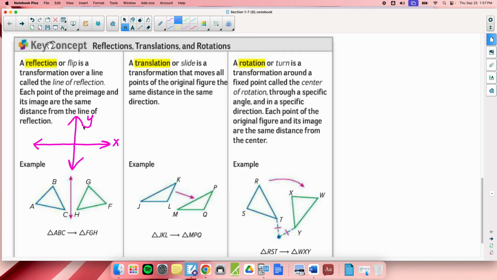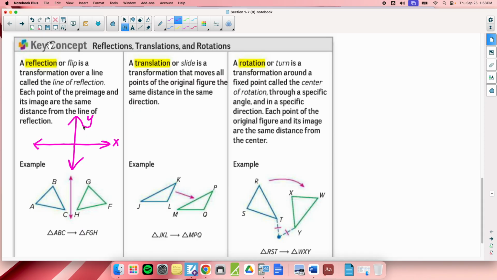Another thing we're going to do today is called a translation. A translation is taking a figure, you don't turn it at all, and you don't flip it at all. You just slide it. You can slide it left or right, up or down, and you can slide it diagonally, okay? The last thing we're gonna do today is talk about a rotation, and we kind of cheat.